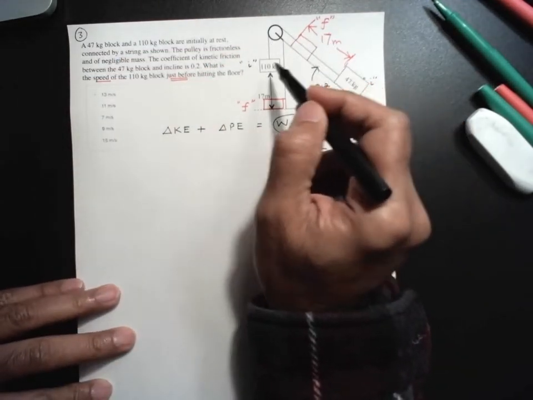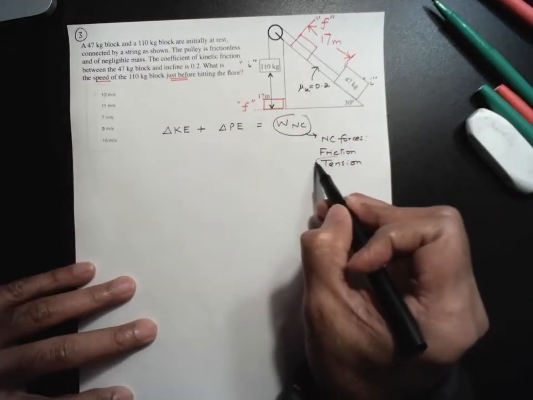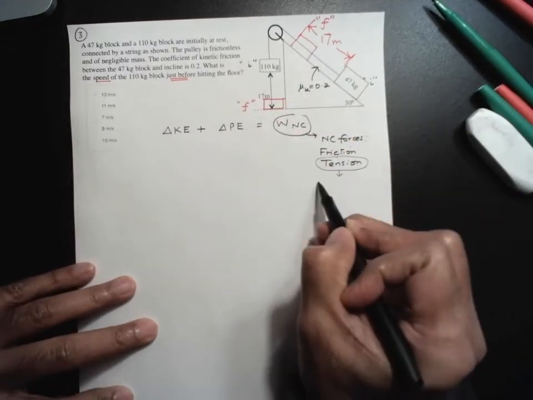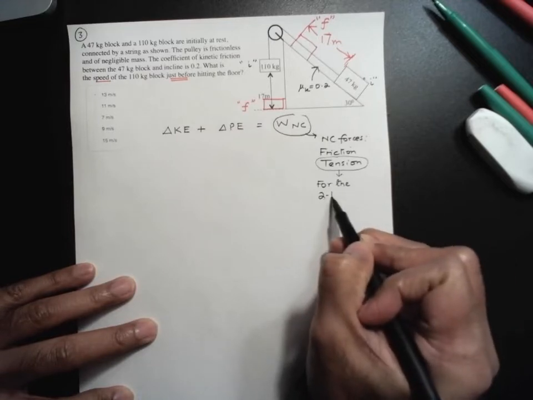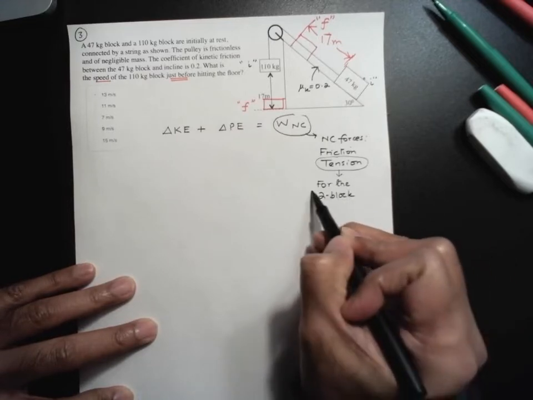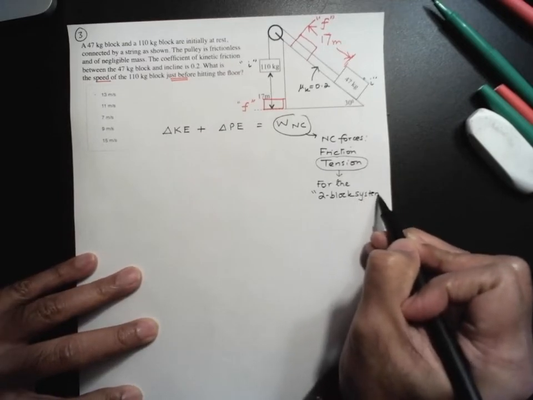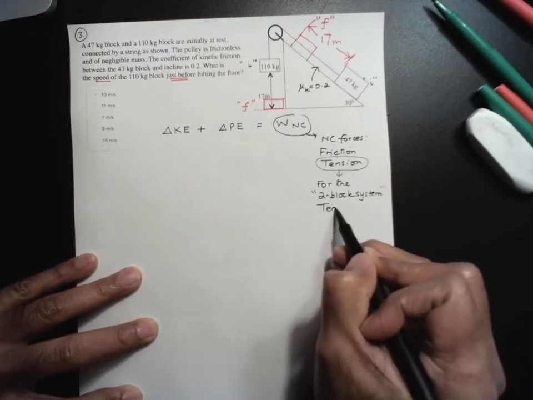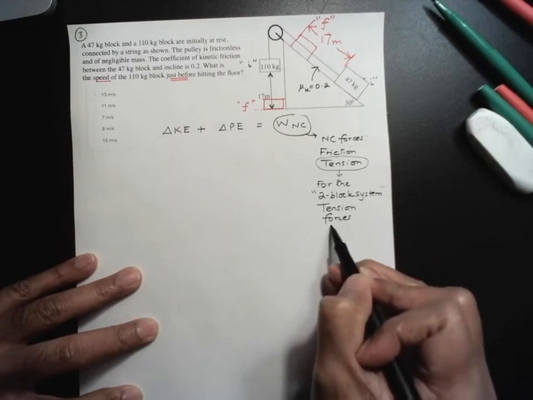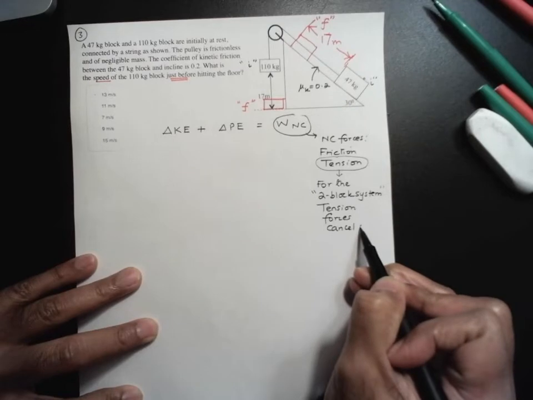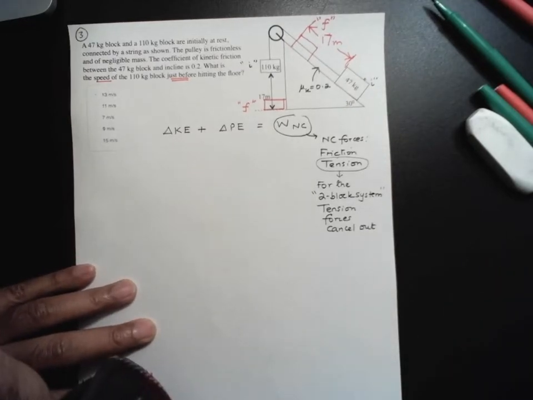So for the whole system, the two-block system, our system consists of both the blocks. Tension forces cancel out. They're internal forces. They're like an action-reaction thing. They cancel each other out.